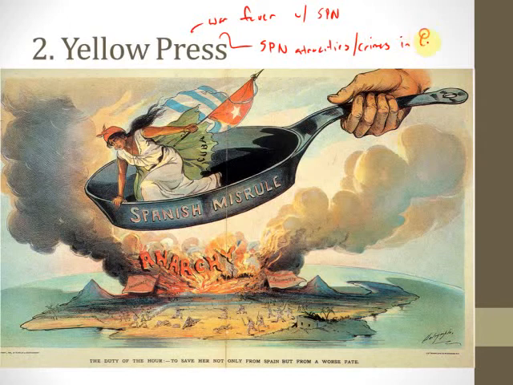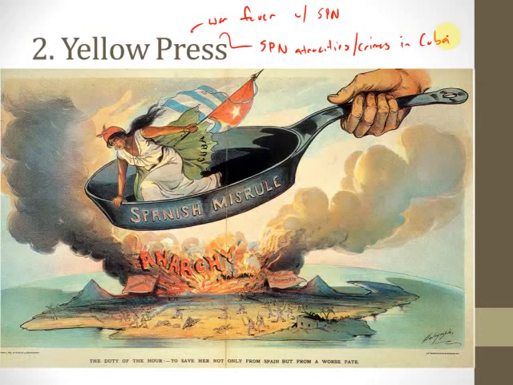And here's why. Cuba was having a revolution. Why? What don't they want to be anymore? They don't want to be a colony of Spain. And is Spain just going to allow them to become free? No. And so the Spanish supposedly are murdering and killing and raping all the Cuban women and men and children, whatever. They're killing them all.